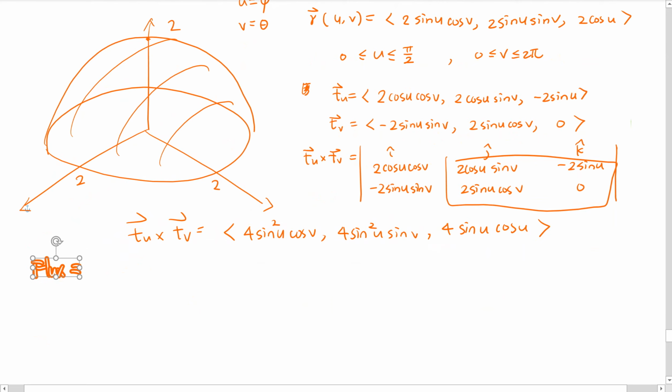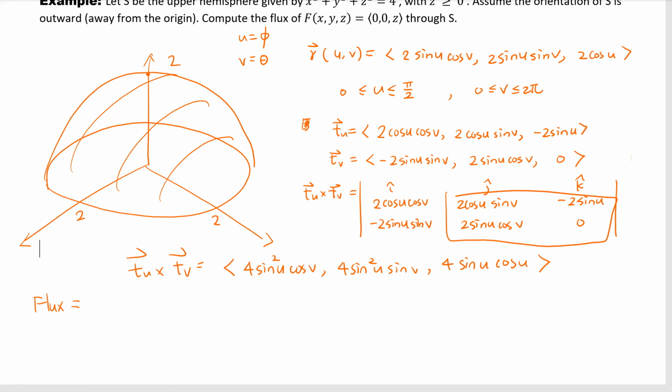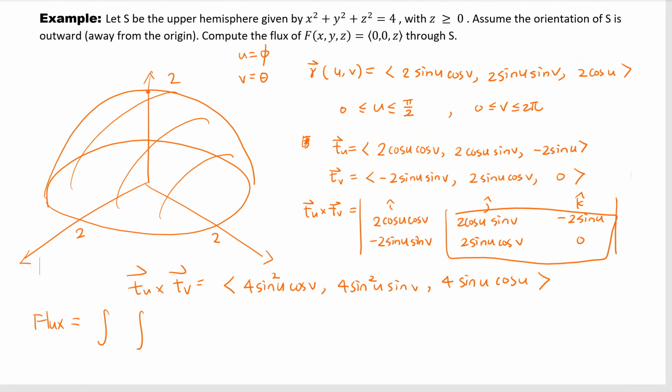So the flux equals the integral of F, where F is 0, 0, z. Z, look at our parameterization, is 2 cosine u. Dot product with 4 sine squared u cosine v, 4 sine squared u sine v, 4 sine u cosine u.